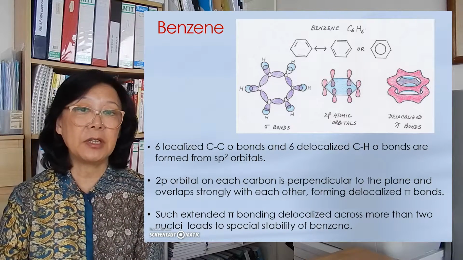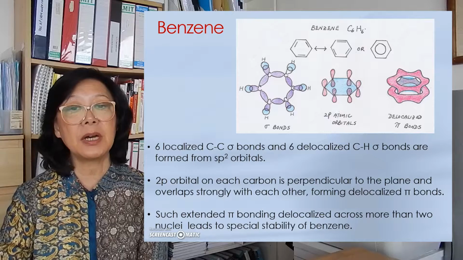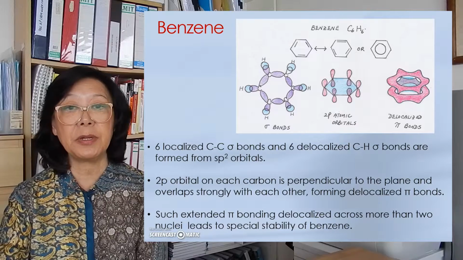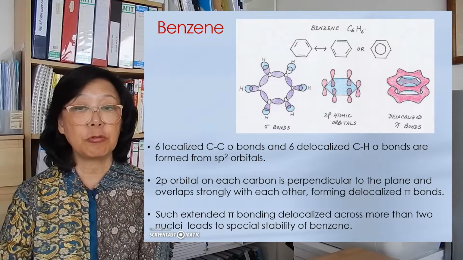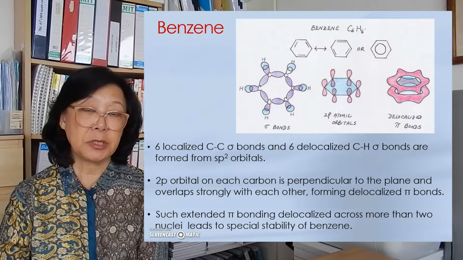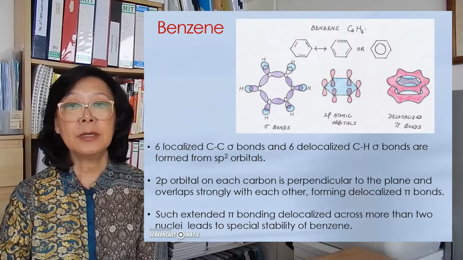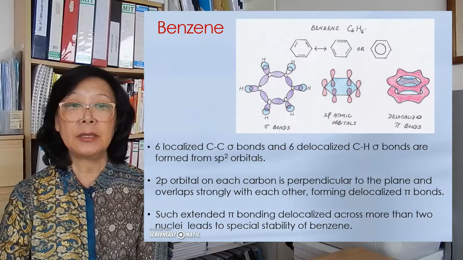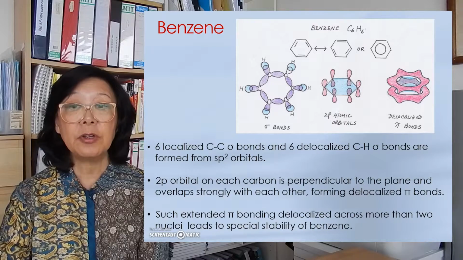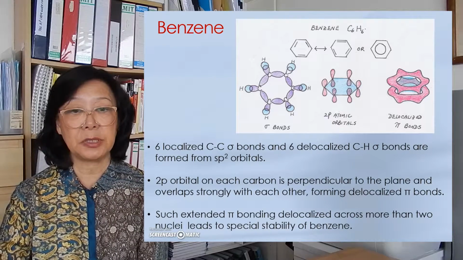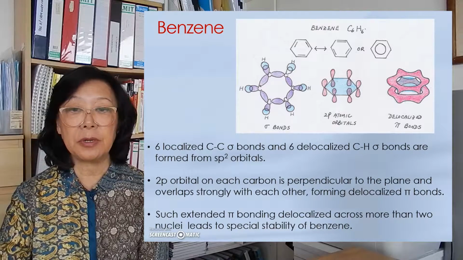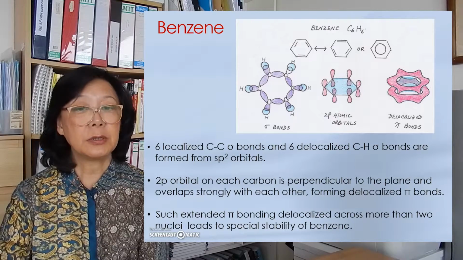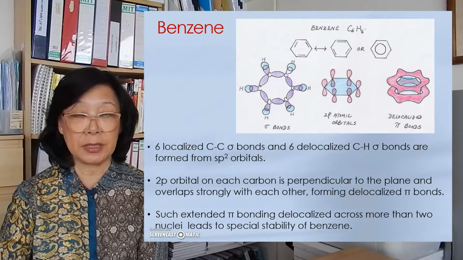If you look at it carefully, you count 6 carbon-carbon sigma bonds and 6 carbon-hydrogen sigma bonds, adding up to 12 sigma bonds formed from sp2 orbitals. And then the 2p orbital on each carbon is perpendicular to the plane, and they overlap strongly with one another, forming delocalized pi bonds. The extended pi bond is delocalized across more than 2 nuclei, leading to very high stability of benzene.